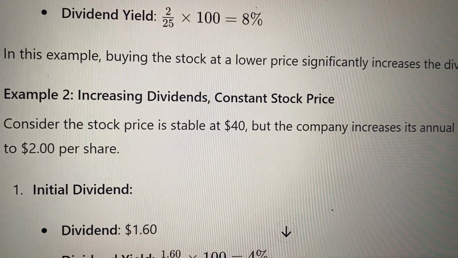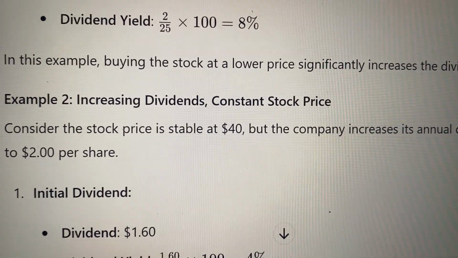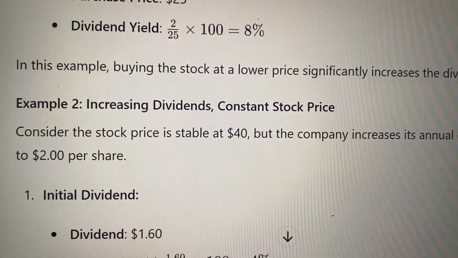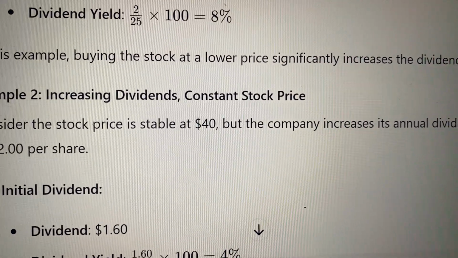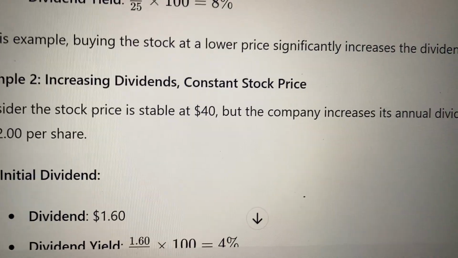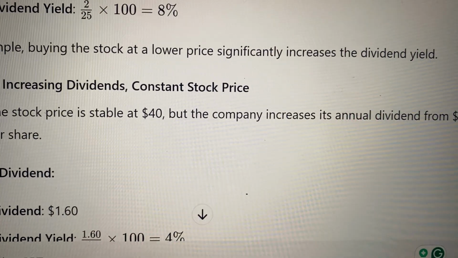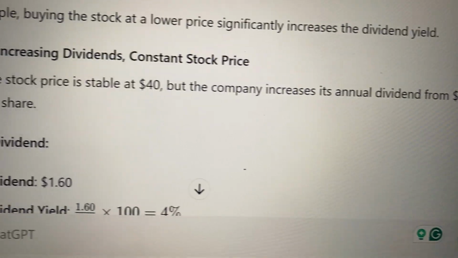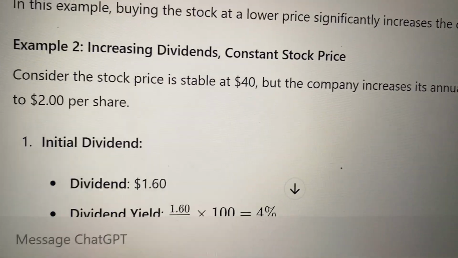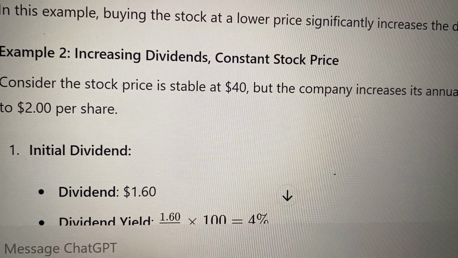So the dividends go up, but the stock price remains the same, a constant stock price. Consider the stock price is stable at $40, or as I said, it could be £40. But the company increases its annual dividends from $1.60 to $2 per share.